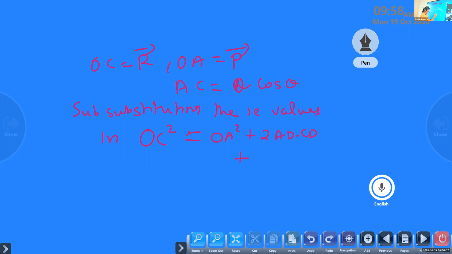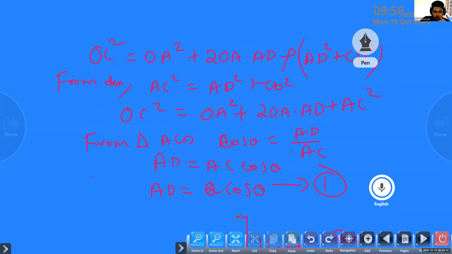Ma'am, earlier we wrote AD equal to Q cos theta, now AC equal to Q cos theta. Let me go back to the derivation once again. So it's AD only, sorry, it's my mistake.